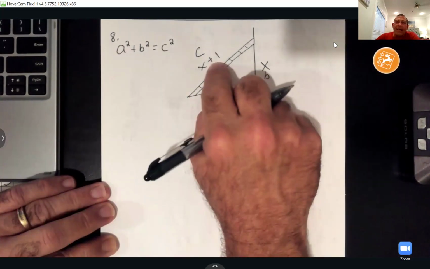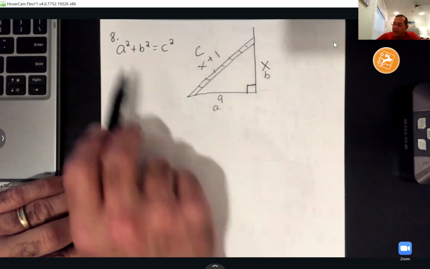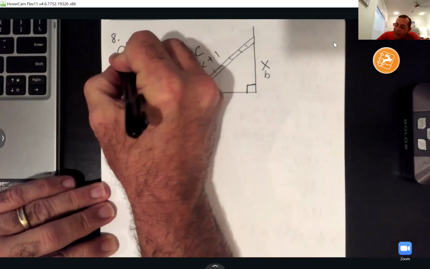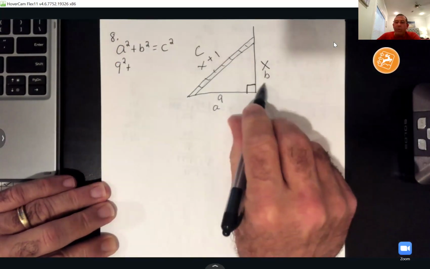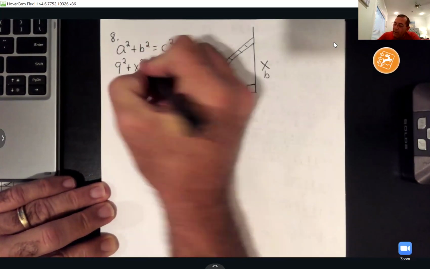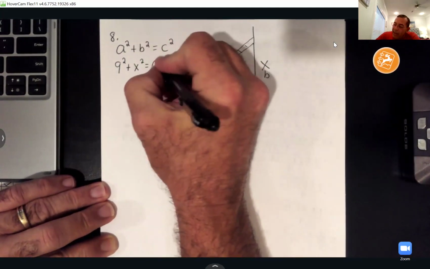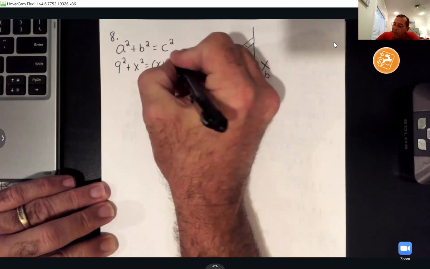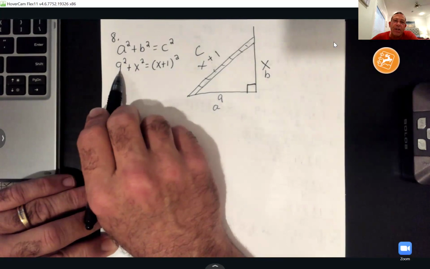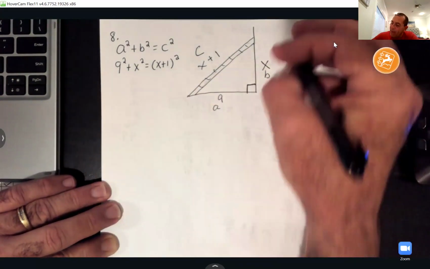But the longest side, the x plus 1, has to be the c. So let's fill in. A was going to be 9, so I got 9 squared plus b, which is x, so that'll give me x squared. That's going to equal c squared, which is x plus 1 squared. At this point, the only difference will be this number here. Everything else will match up with what I got, okay?